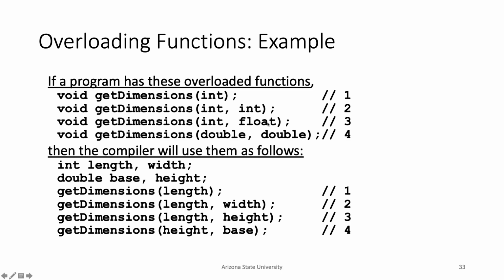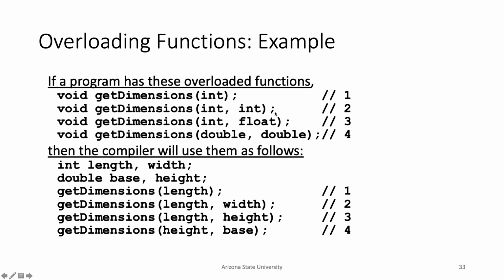I was talking about the third example, when you call it, it pulls height instead of base. So you mean down here? So it's calling the third function. It's because length is an integer and height is a double. So it can't call the first function, no issue there. It can't call the second function because it can't convert an int or a float or double to an int without explicitly saying so.